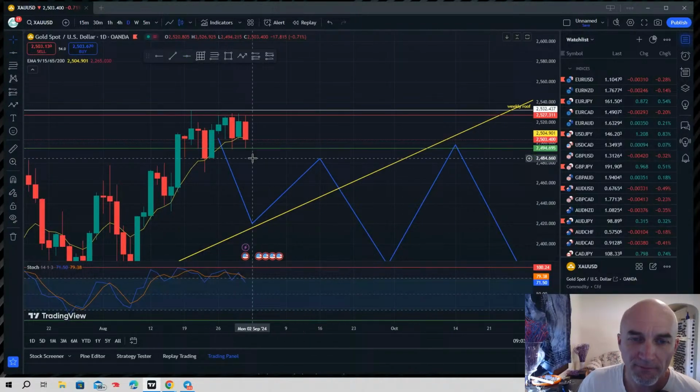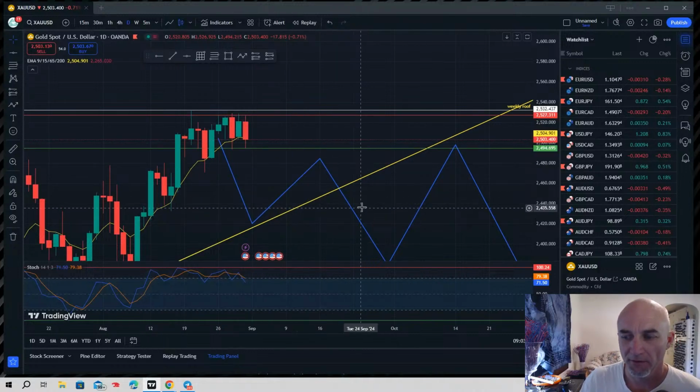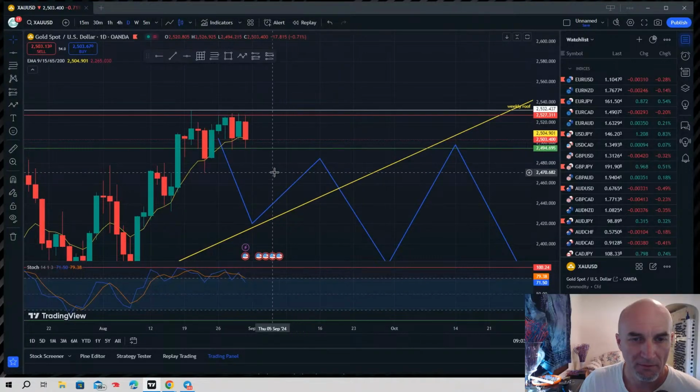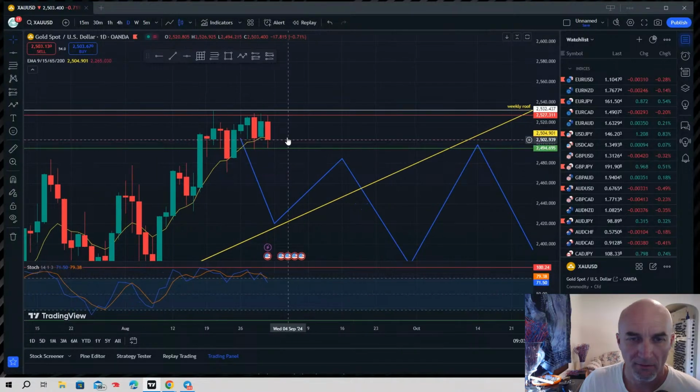I've just trapped a daily candle and price is sitting at 2503. You can see this dotted line right here, our roof and our floor.